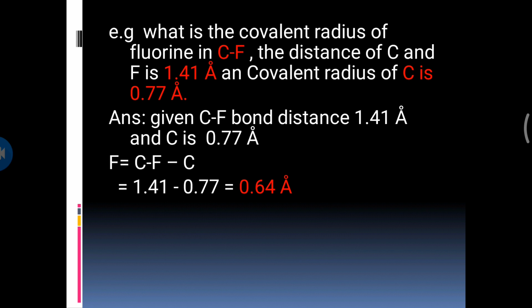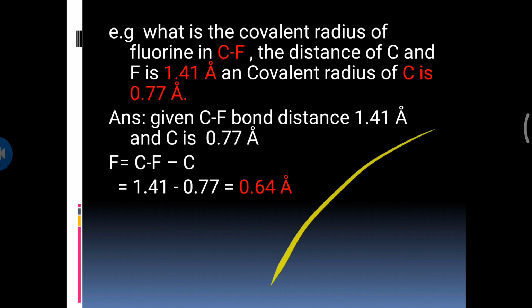This is the simple equation to calculate one atom's radius from two given values: the bond, and one atom, then calculate the third component.